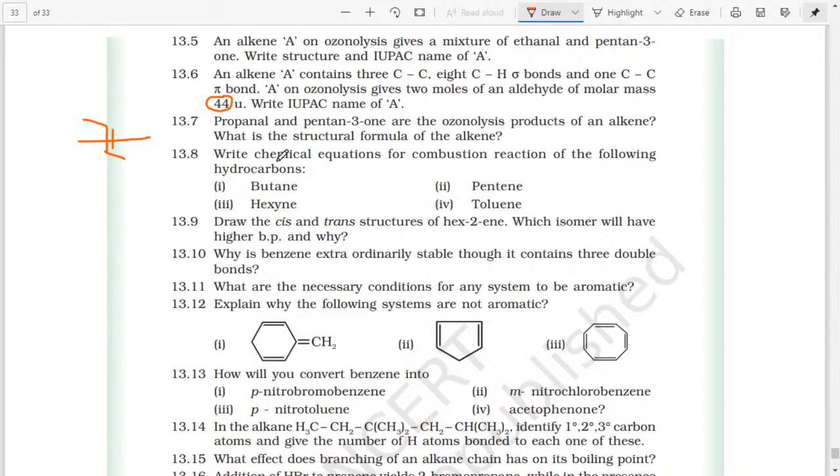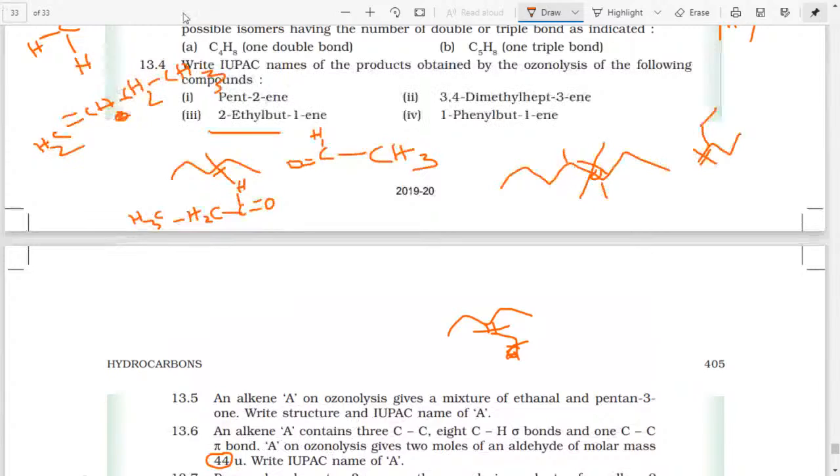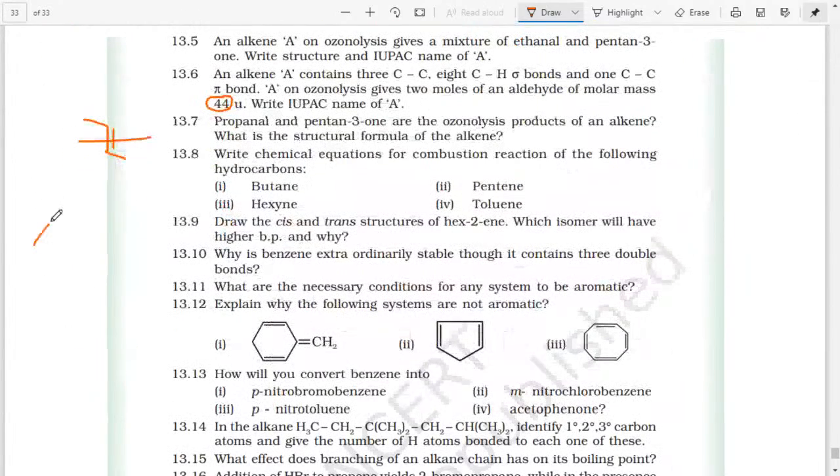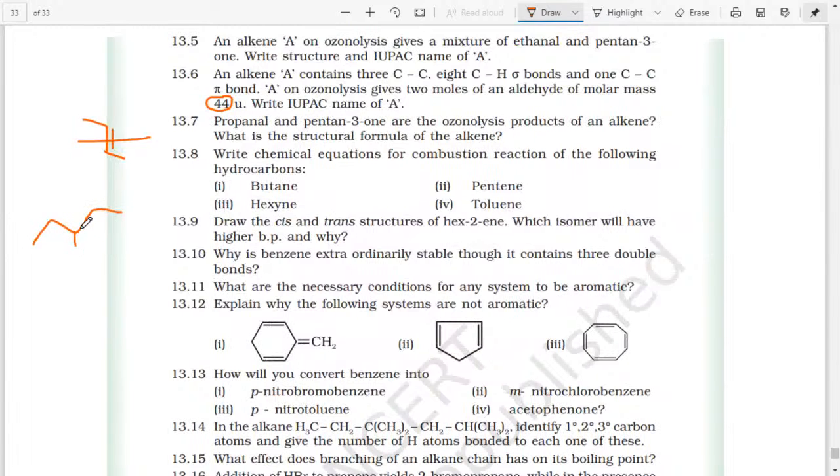Next, propanal and pentan-3-one upon ozonolysis produce products of an alkene. What is the structural formula of the alkene? Propanal and pentan-3-one. So just now we prepared propanal and pentan-3-one.